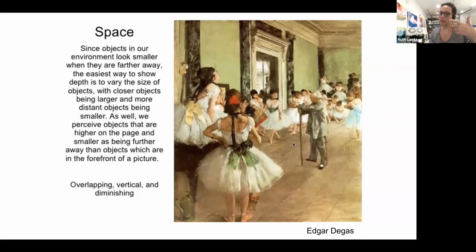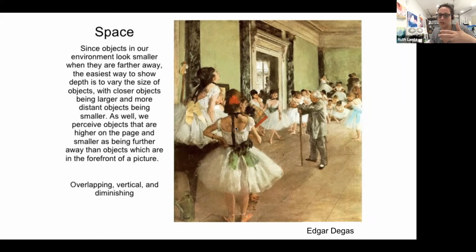But another thing that is being used here is something known as overlap, where it's super helpful. And this is probably the simplest way to create space. Another way we can tell this ballerina is in front of this ballerina is simply by the way she is overlapping her, right?